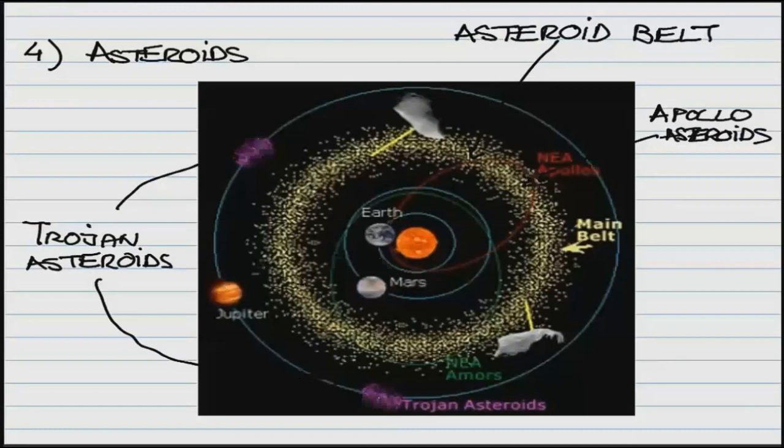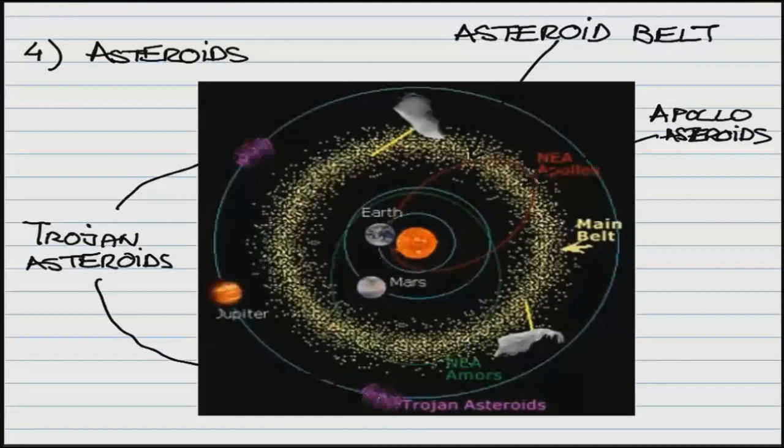It passed at, I think, 300,000 kilometers or maybe 350, and the distance to the Moon is 388,000 kilometers. But there are these Apollo asteroids that are also labeled as NEA, which stands for Near Earth Asteroids. Some of these can represent a danger to us.